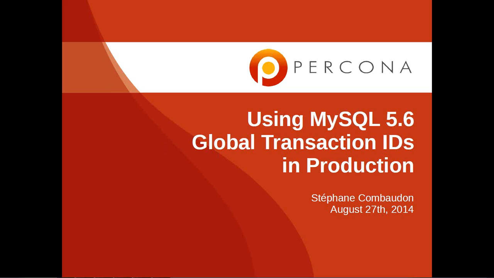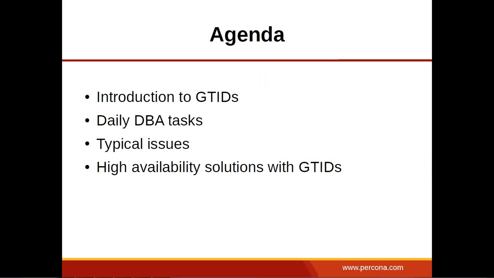Thanks, Elisa. So, as you said, the topic for today will be Global Transaction IDs for MySQL 5.6. The agenda will be, first, an introduction to GTIDs, because I'm not sure everyone knows all the basic things you have to know before being able to put GTIDs in production. Then we'll see how you can operate a replication cluster with GTIDs, the daily DBA tasks you'll probably have to do many times.